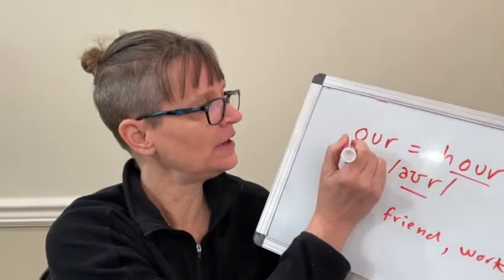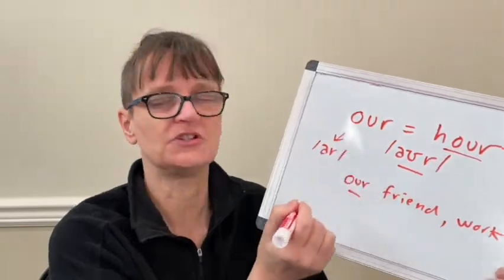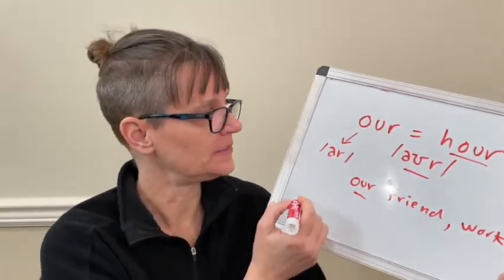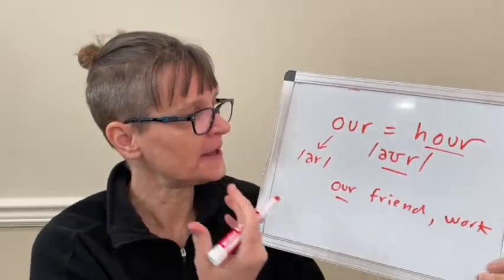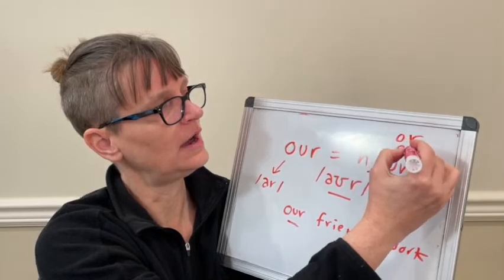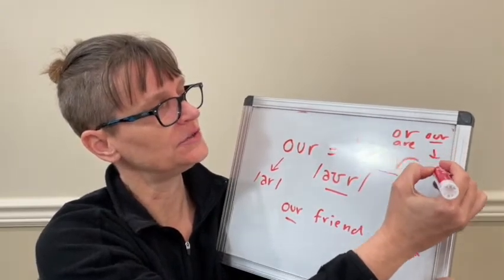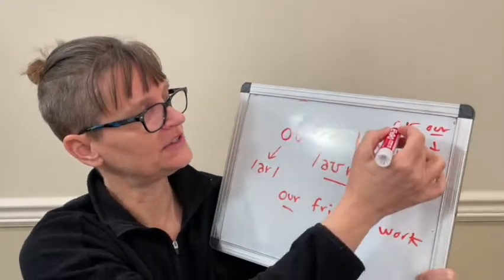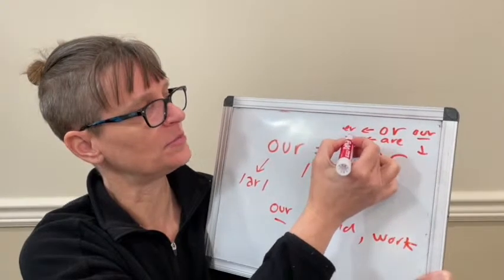This our often gets reduced down to more of an R. So we're going with our friends, we're going with our friends. That's a phenomenon where diphthongs with R, like or, our, or triphthongs like our, get reduced. So I might say instead of or, it becomes more of an er, and our becomes more of an ar.